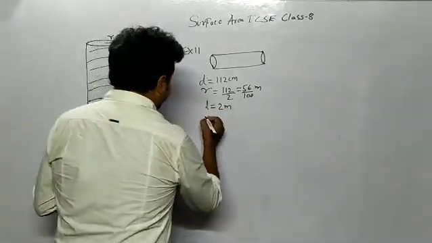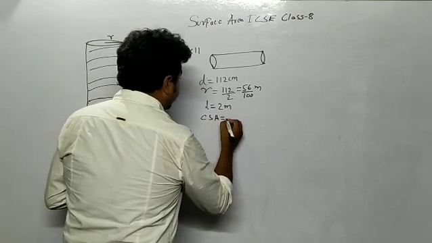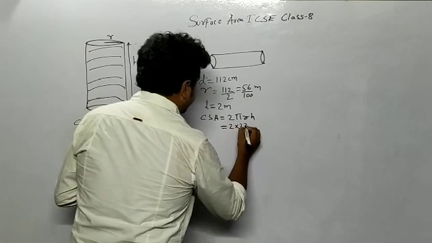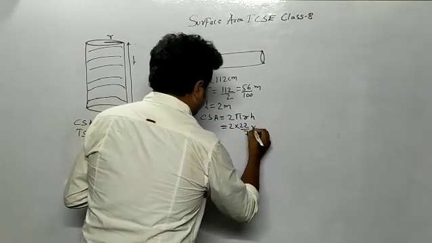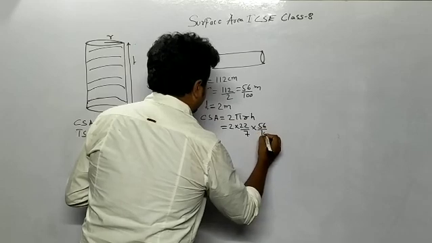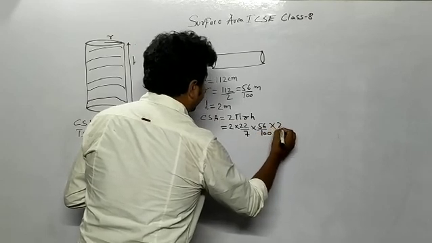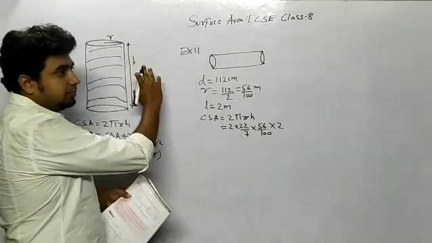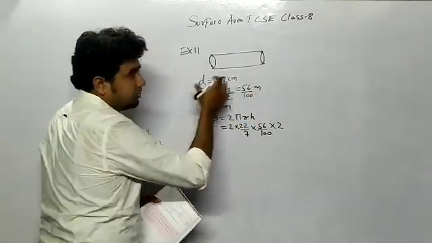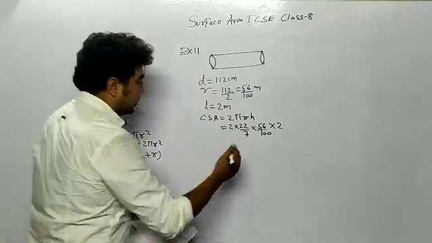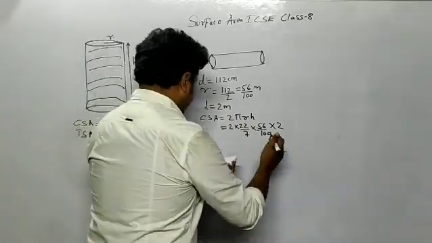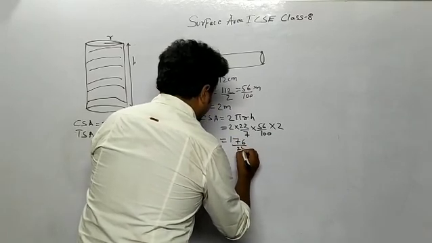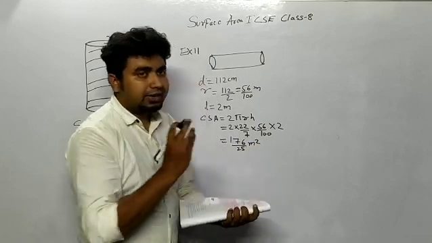So I will write curved surface area equal to 2 pi RH: 2 into 22 by 7 into R, which is 56 by 100, into L. I am taking H equal to L because this is horizontal and this is vertical. If vertical, it is H; if horizontal, it becomes length. Calculating, we get 176 by 25 meters square. This is for one revolution.